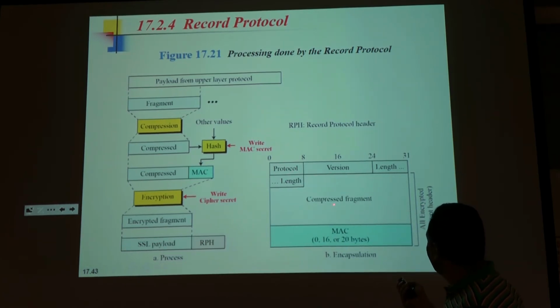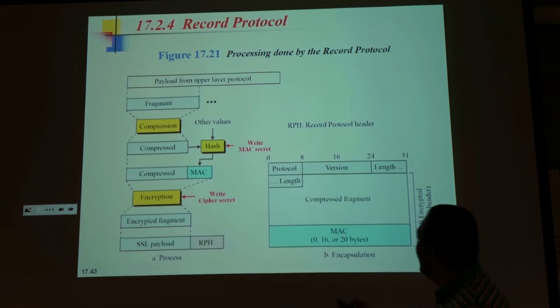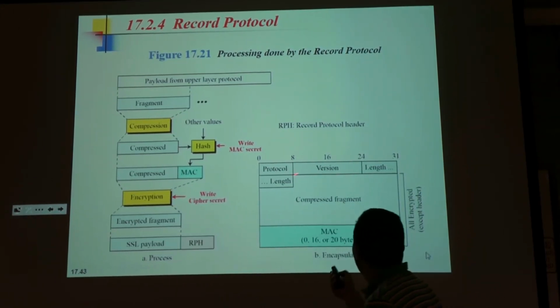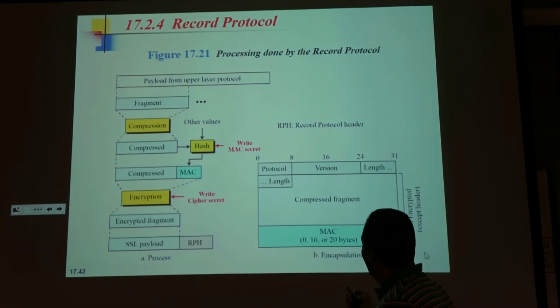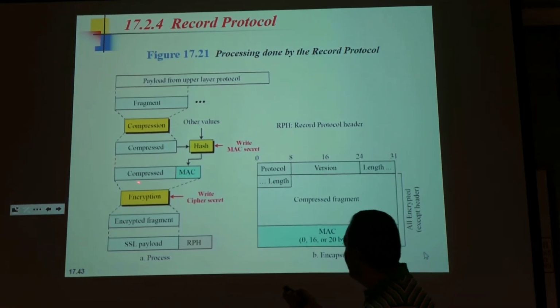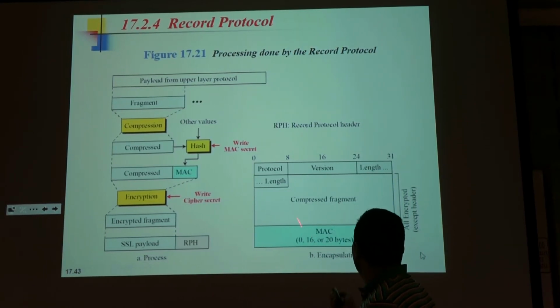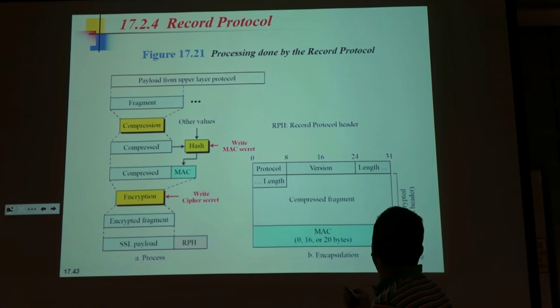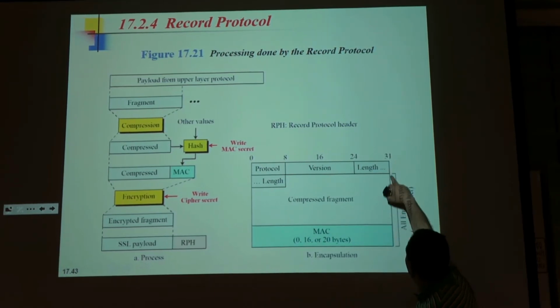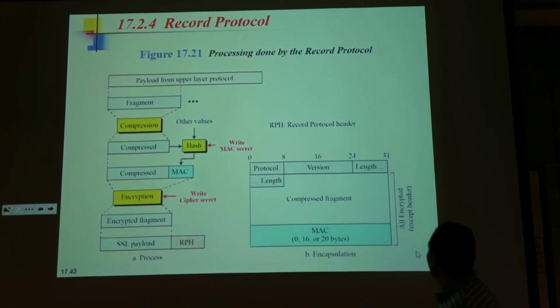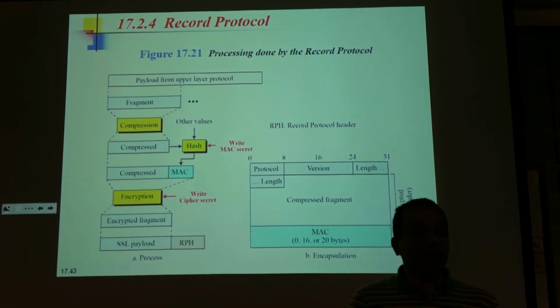This is the compressed fragment, and this is the MAC, whose size depends on the algorithm. All of this in here will be encrypted except the header.